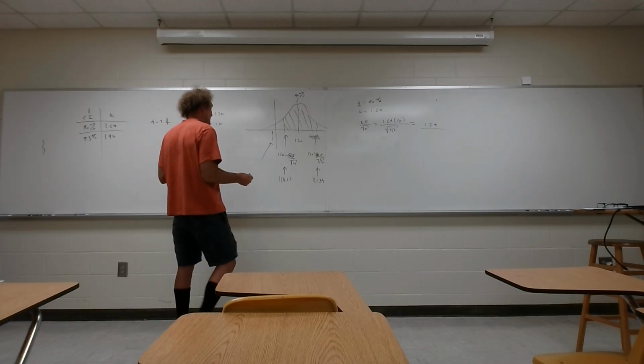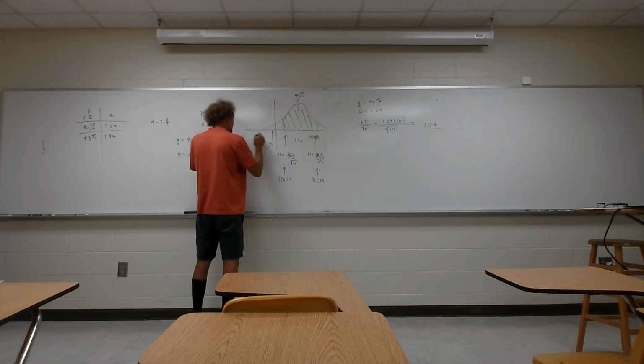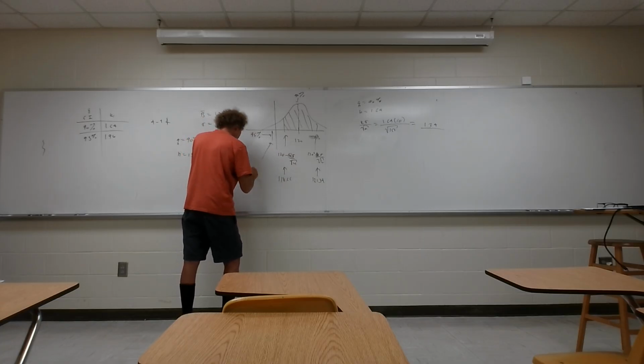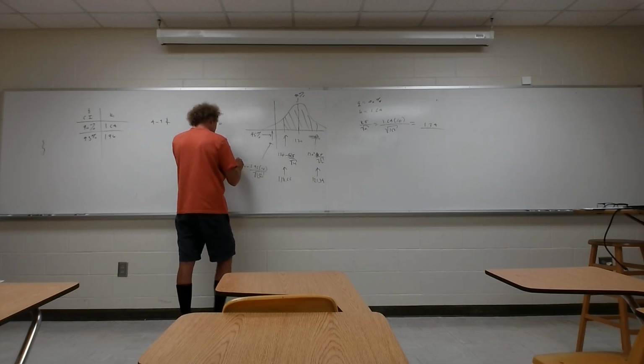So if we wanted the 95% confidence interval, here and here, now it would be 120 minus 1.96 times 10 divided by the square root of 150, and I don't even know what that is, but it's pretty obvious we can calculate it.